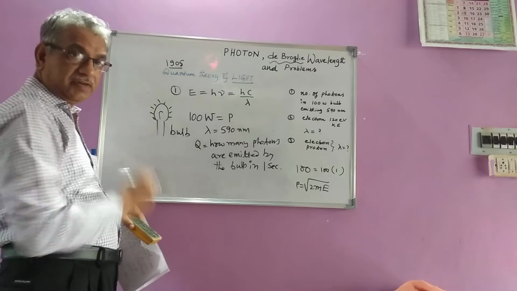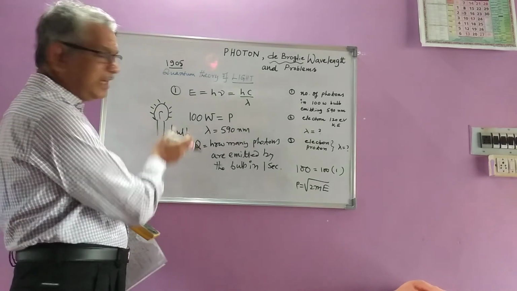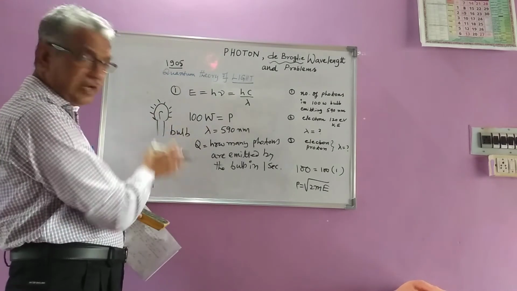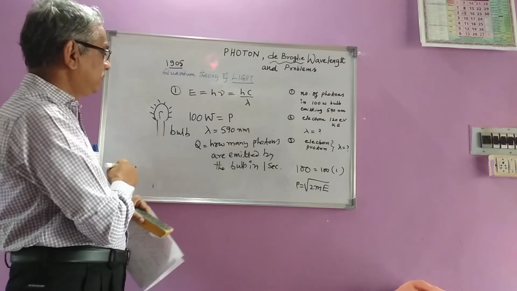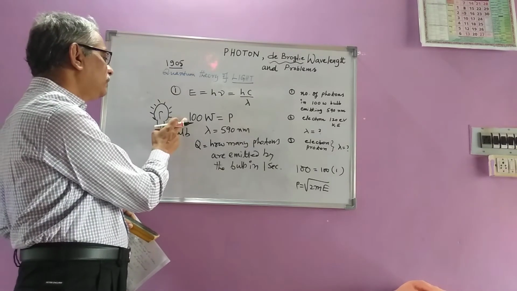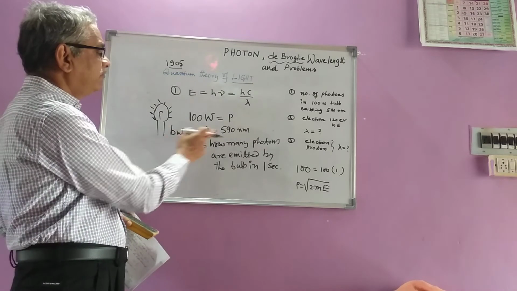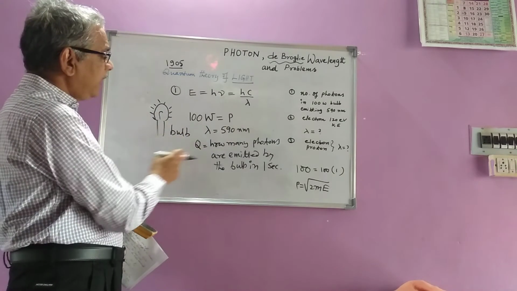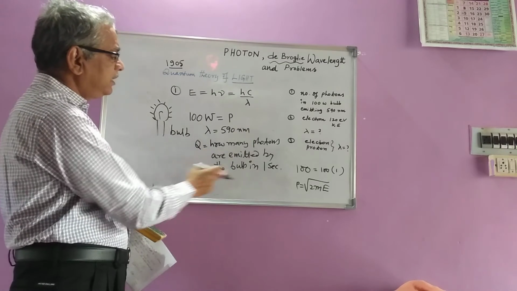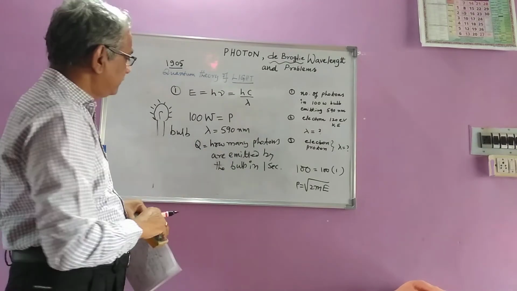So this is the question. There are many questions framed in this fashion, so I have taken one example. There is a 100-watt bulb, which is emitting a light of wavelength 590, and how many photons are emitted by the bulb in 1 second.